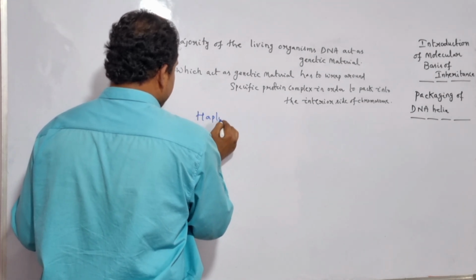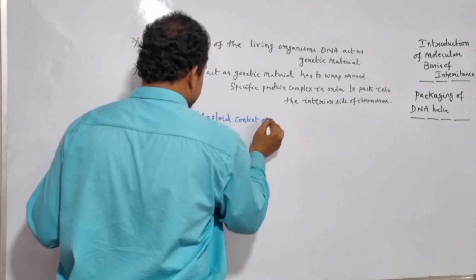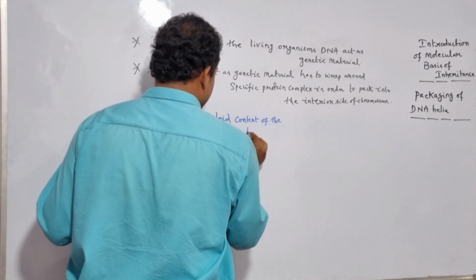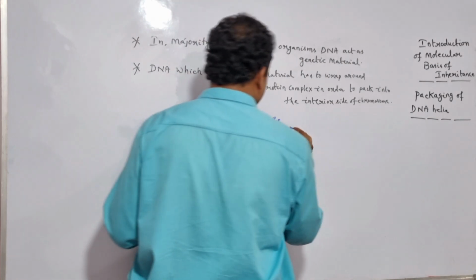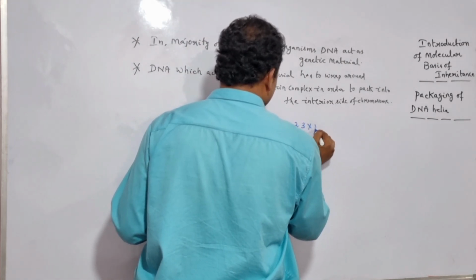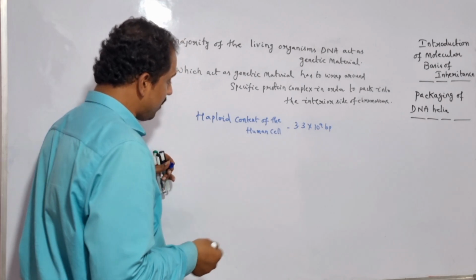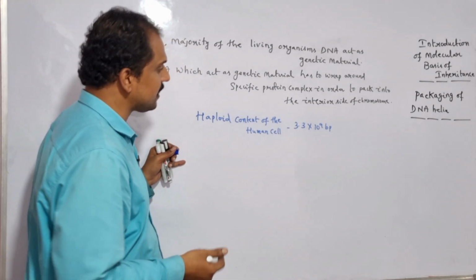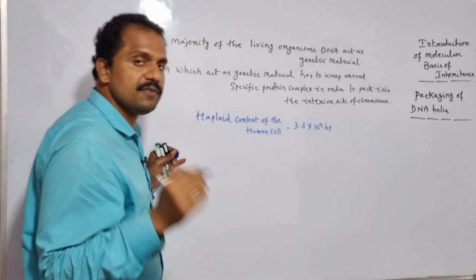Haploid content of the human cell has 3.3 into 10 to the power of 9 base pairs. Is it clear? In order to obtain the diploid content of the human cell, we need to multiply 3.3 into 10 to the power of 9 base pairs with 2.